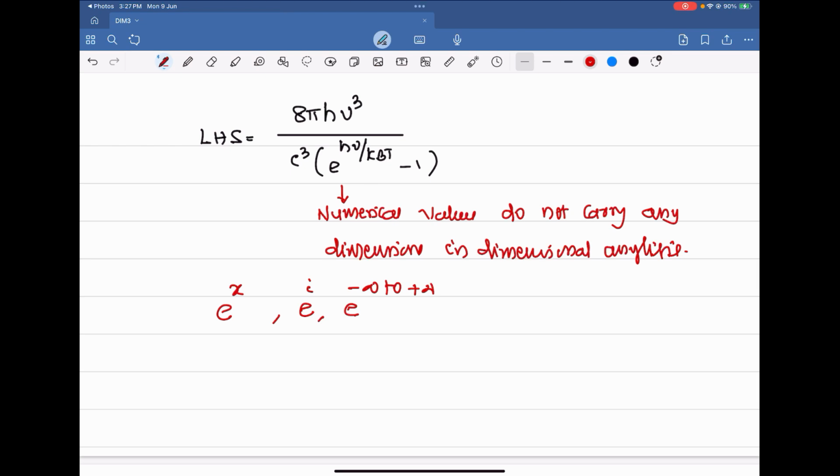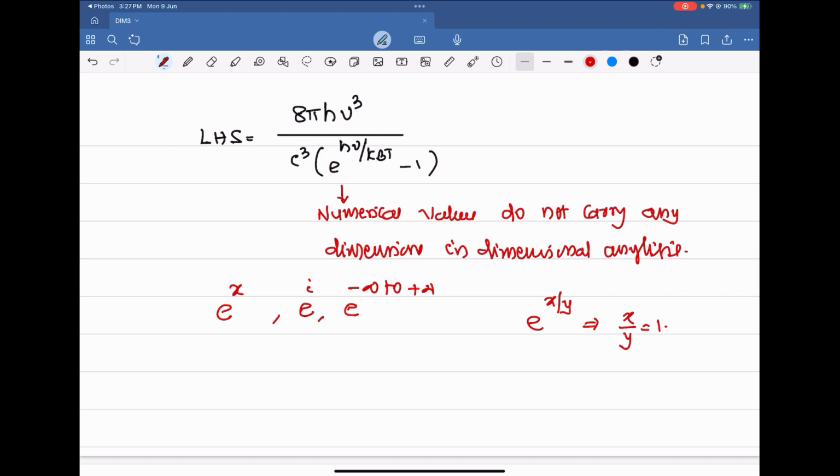When e to the power of something is a number, then for e to the power of x by y, x by y should be dimensionless.